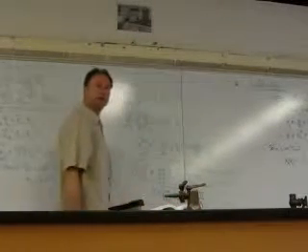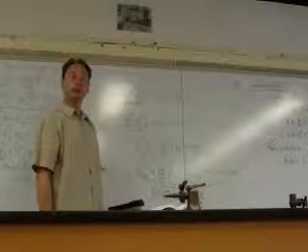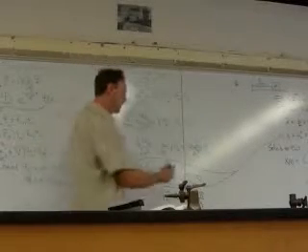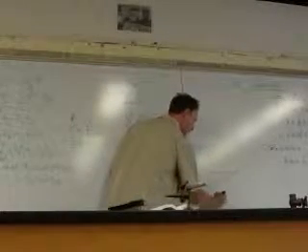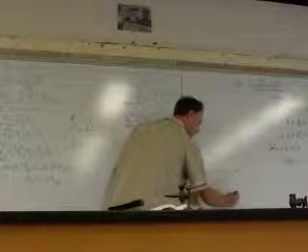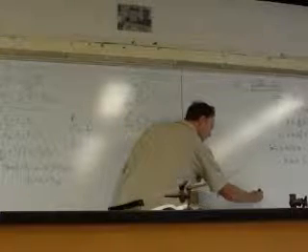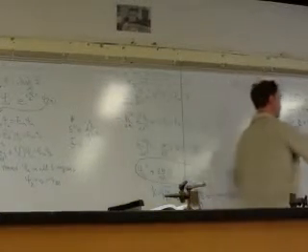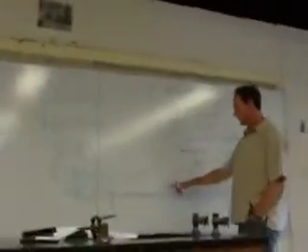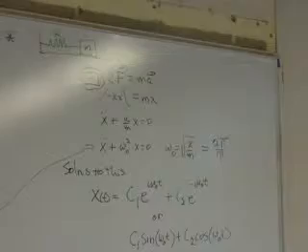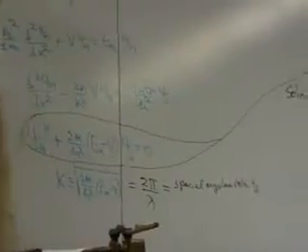Okay, 2 pi over lambda. And this is what I call a spatial angular velocity. So if I call this the angular velocity, I call this the spatial angular velocity. It's how much this function is changing with respect to the wavelength.